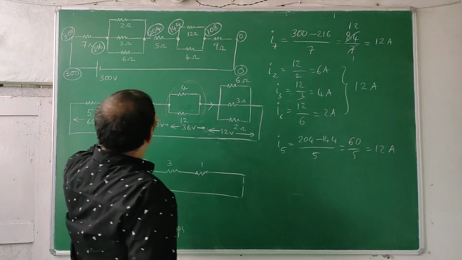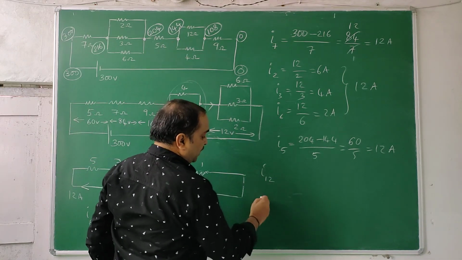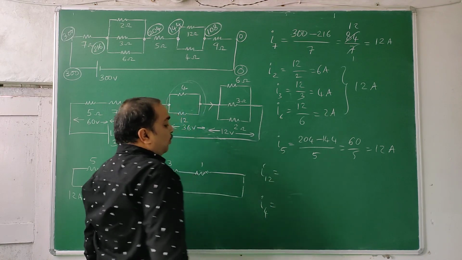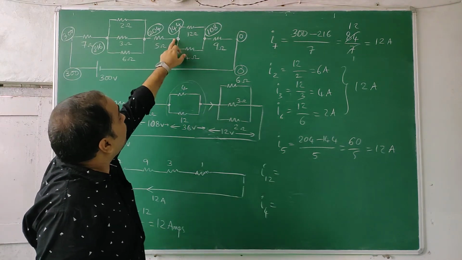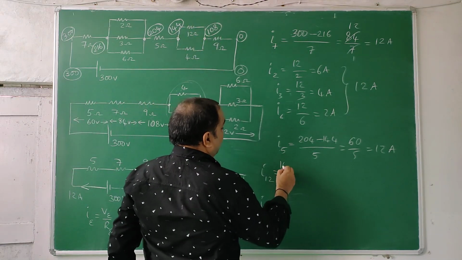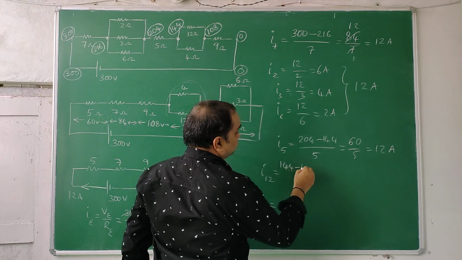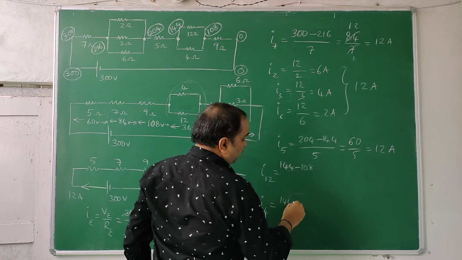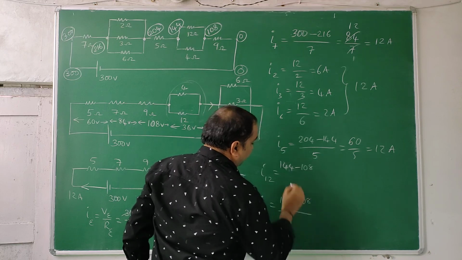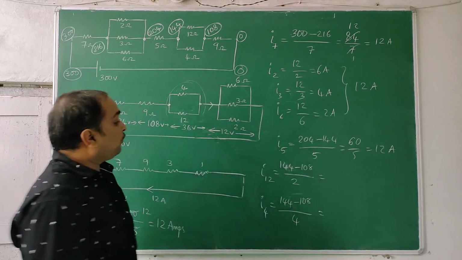Next, what else do we have? 12 and 4: I12, I4. What's the potential difference across them? 144 minus 108, divided by 12 ohms and divided by 4 ohms. What is 144 minus 108?